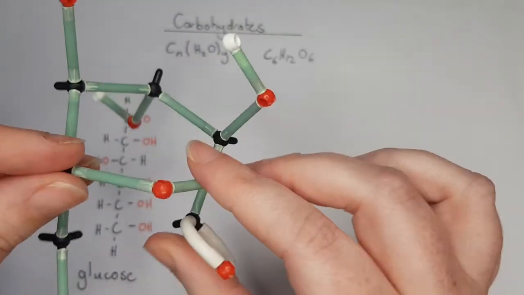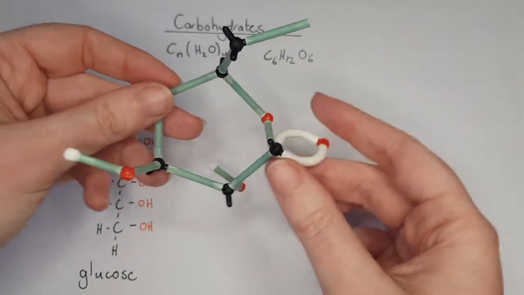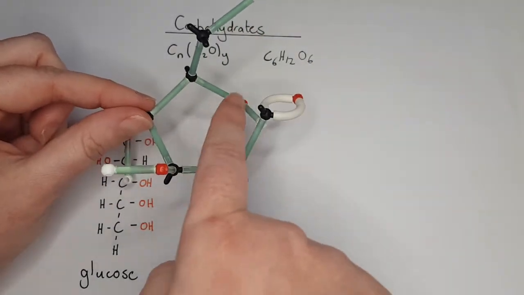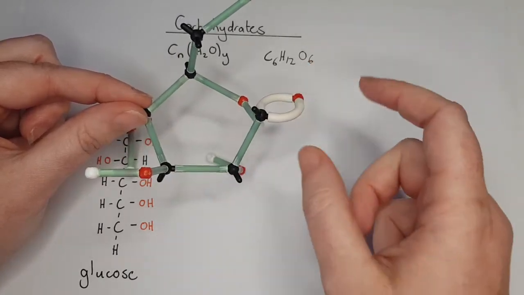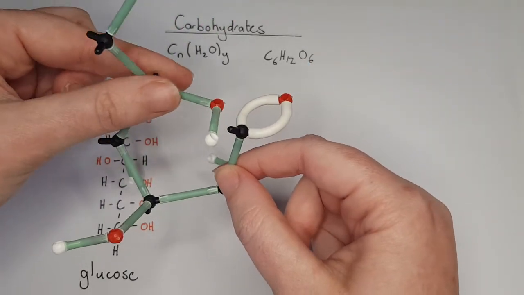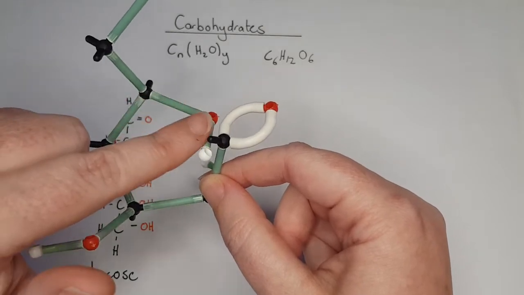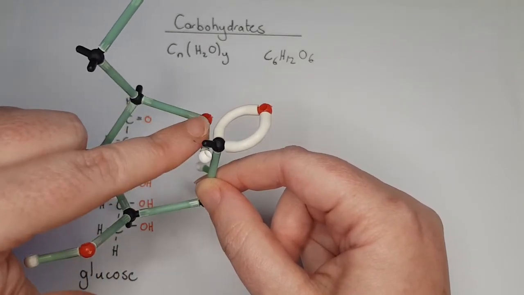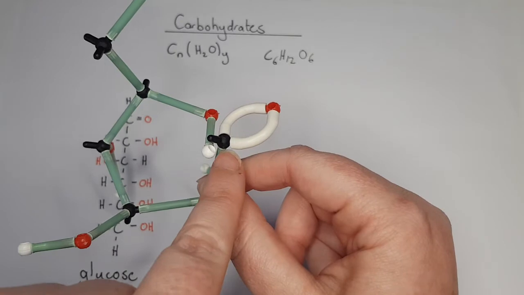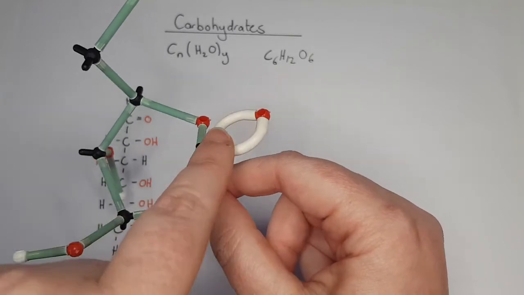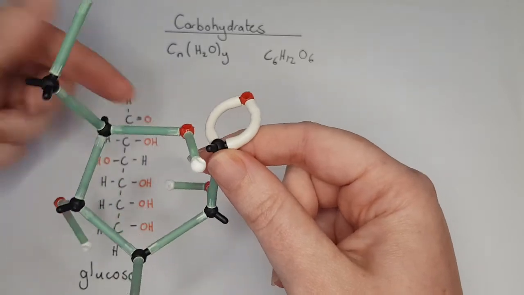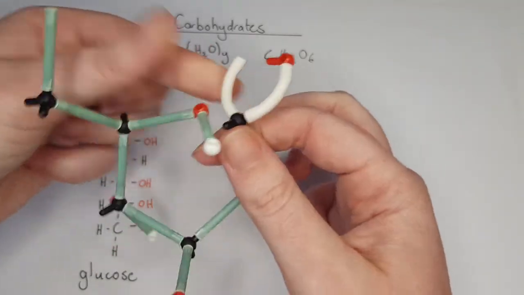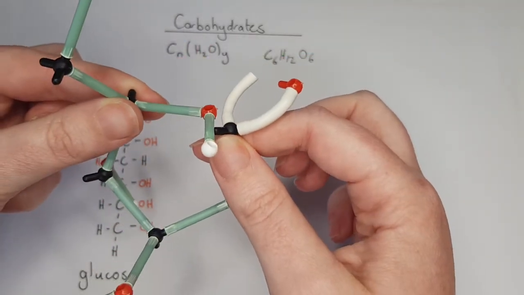So when that happens, and it actually is a straight line structure, you can see that it's not in an actual straight line because it's all curved. And when that happens, this OH group on carbon 5 becomes close enough to carbon 1 with that double bond. So when there's close proximity like that, they can break and they can bond together.